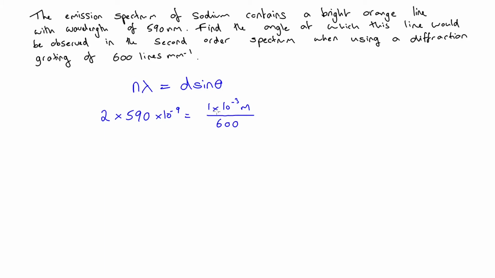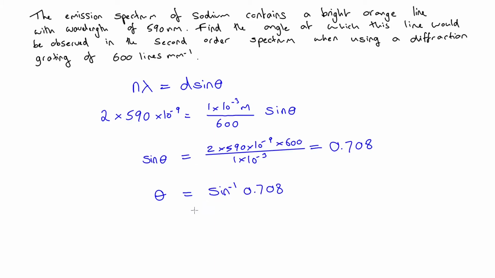To get d, it's going to be 1 times 10 to the minus 3 divided by however many lines you've got per millimeter of your diffraction grating. And then we've got, of course, sine theta, where we are going to want to work out this angle here, theta. So we're going to need to rearrange this equation then. So sine theta, and then once we've got sine theta, we can work out theta.